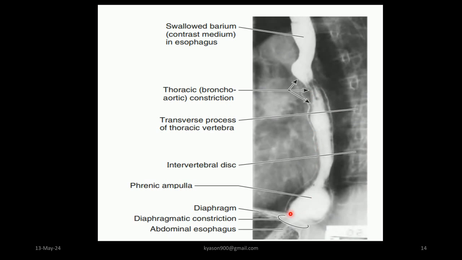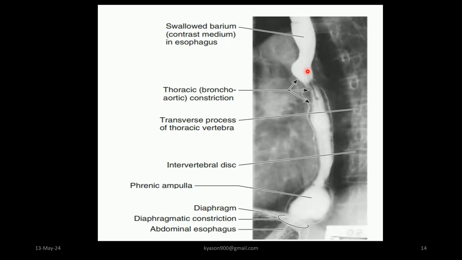Then we are seeing another narrowed area here, just at the entrance of the esophagus through the diaphragm. That's another normal constriction. And then there are also pathological constrictions that we shall see later, constrictions that can come in cases of diseases. These are normal constrictions.